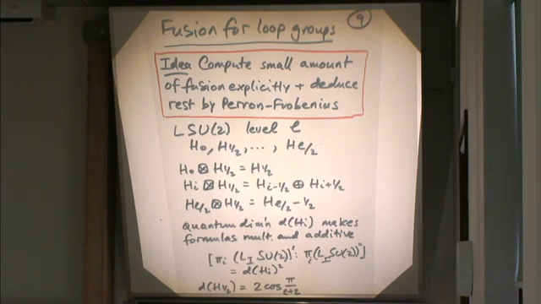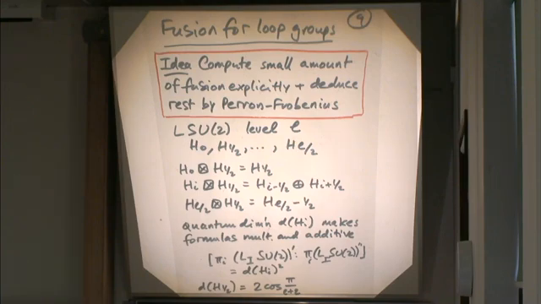And then you could play all sorts of games. You can compute quantum dimensions to make this multiplicative and additive. And then you'll find the quantum dimension of this, I hope I haven't got it wrong, is 2 cos(pi over L+2). And then here, for the Jones-Wassermann subfactor, which is the mismatch between the commutants of loops on 2 sides, which gives a subfactor, that will have that quantum dimension squared.